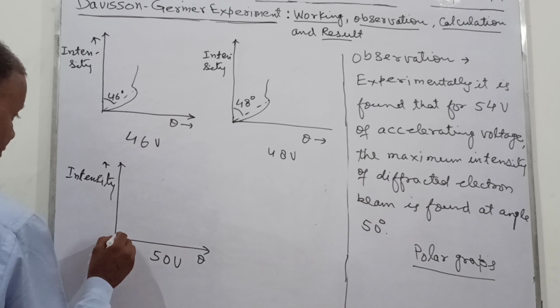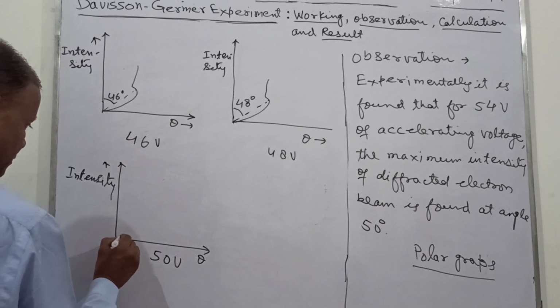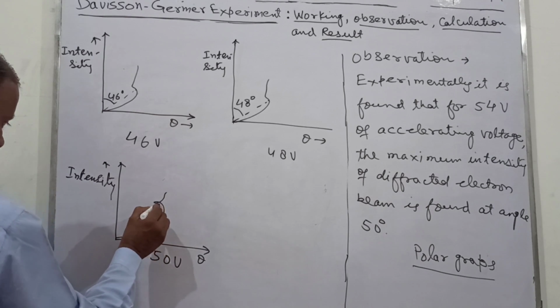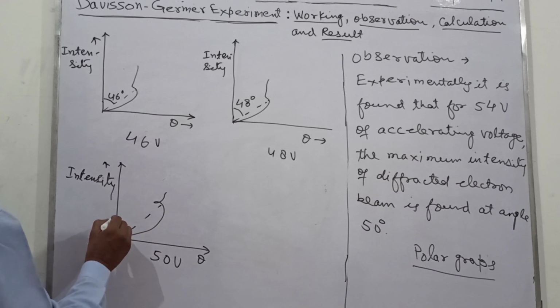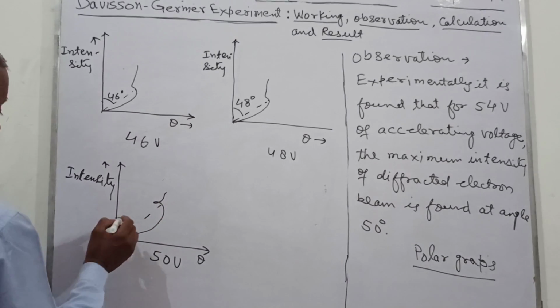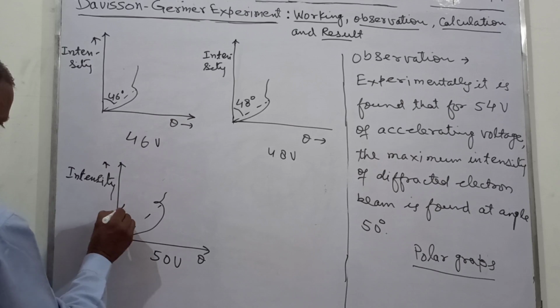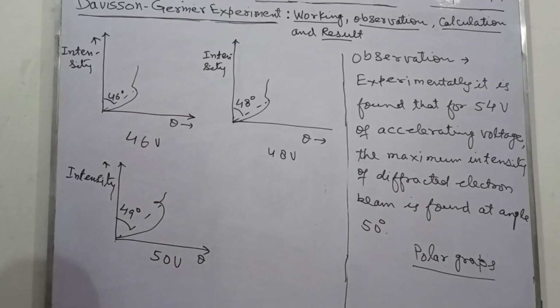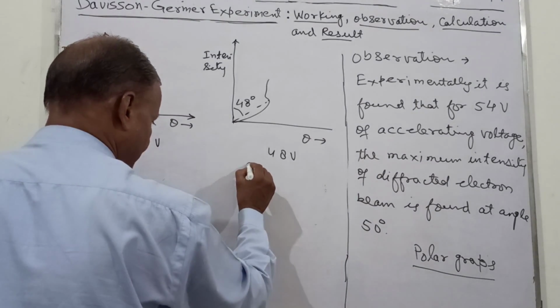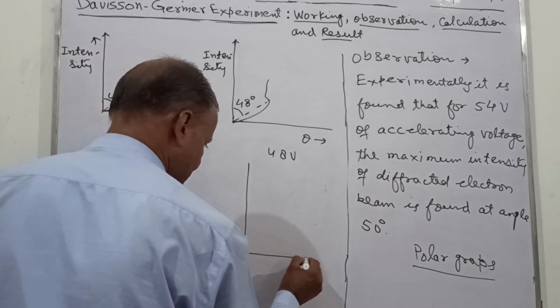And then we find that the graph is not like this. This is the angle of diffraction, suppose 49 degree, and suppose we have the graph like this.